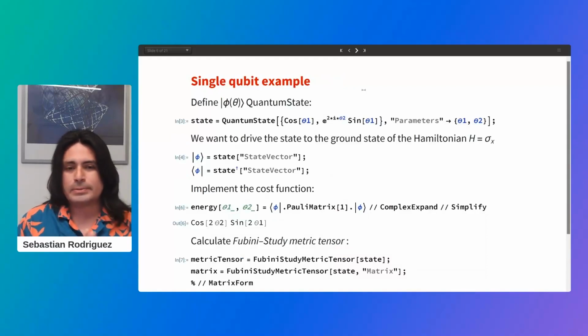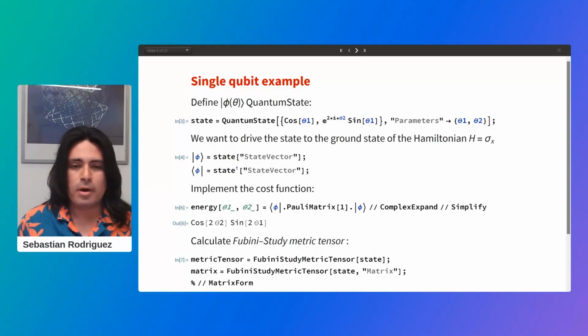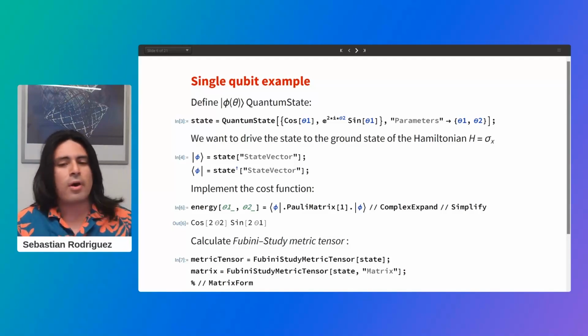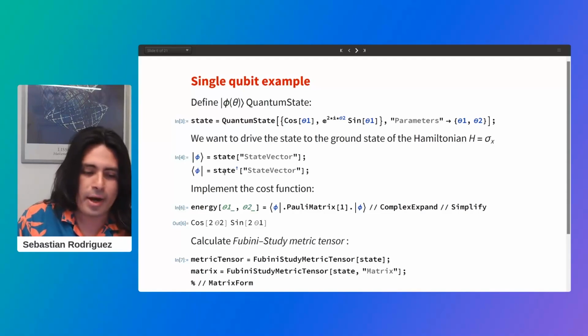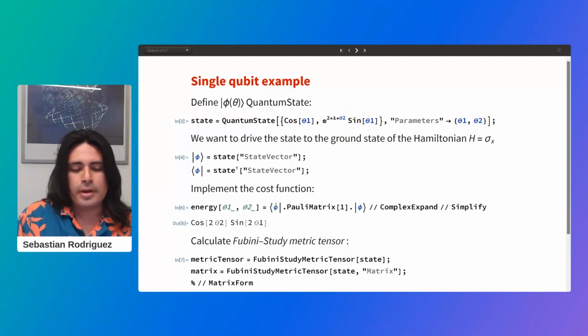So now, as we can see, we first need to define our variational state using two parameters, in this case theta1 and theta2. Now we want to implement our cost function, and the goal is to drive this state to the ground state of the Pauli X. First, let's define the ket and bra of our states, and then implement our cost function like this.